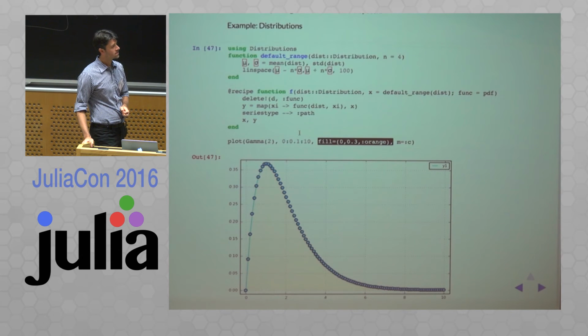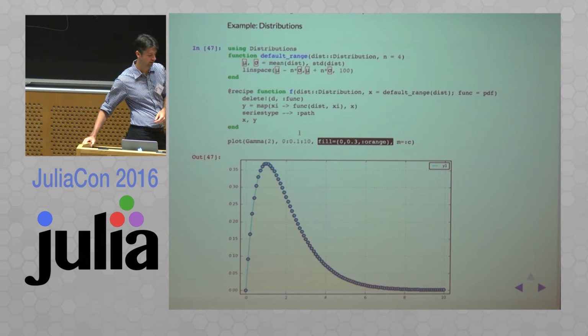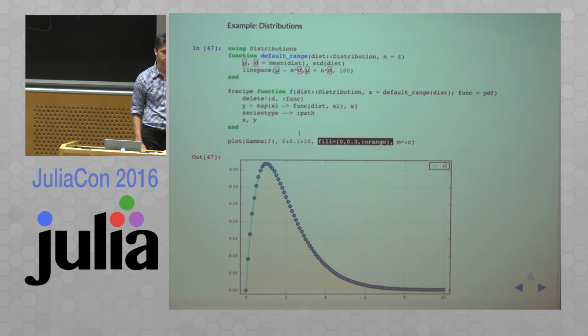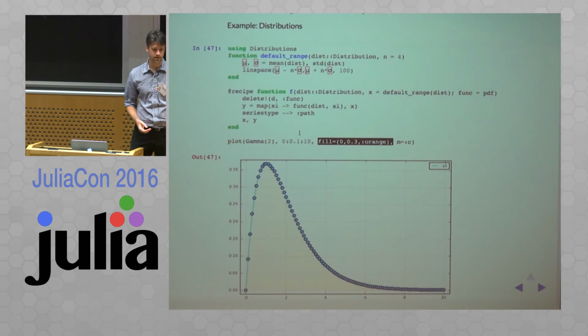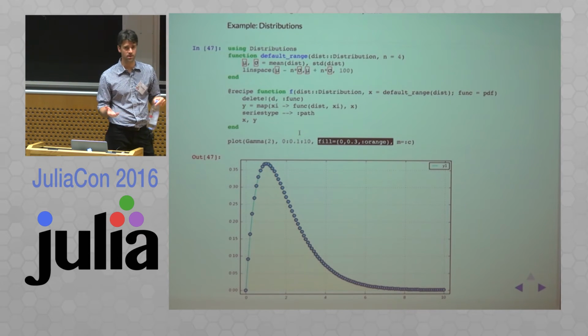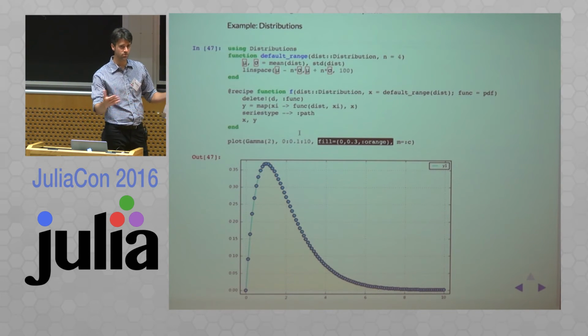Well, really, Tom, this is a question for you. Yeah, all that's happening is it's adding a definition to RecipesBase.apply_recipe. So you've got a method, the same way that you might add a definition of plus to Base.plus. You're adding a new definition with your input types and letting multiple dispatch do the work of figuring out what gets mapped to what.